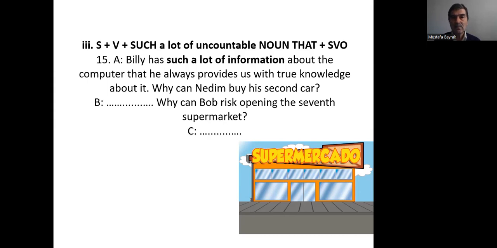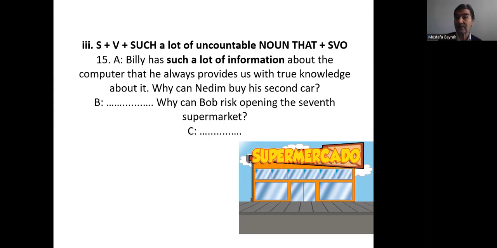Yeah, for example, when we are in a lesson, we think together, at least to find words. So I can find a word which is uncountable, connected with a supermarket. Why can Bob risk opening the seventh?